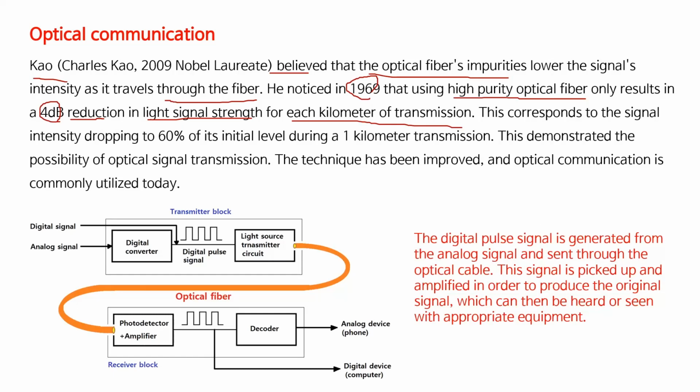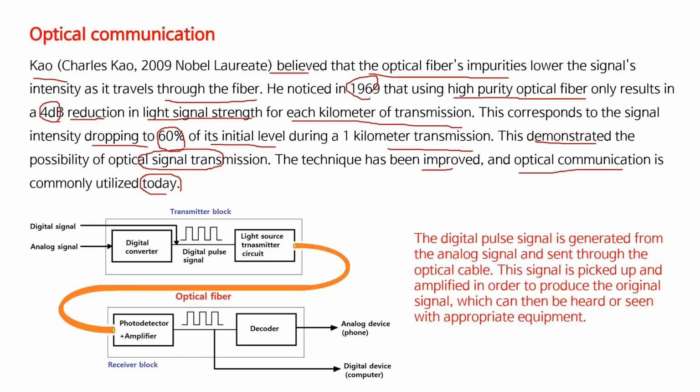This corresponds to the signal intensity dropping to 60% of its initial level during a 1 kilometer transmission. This demonstrated the possibility of optical signal transmission. The technique has been improved, and optical communication is commonly utilized today.